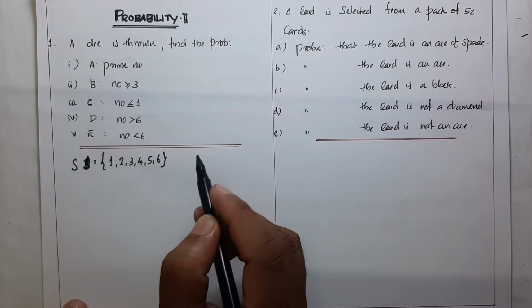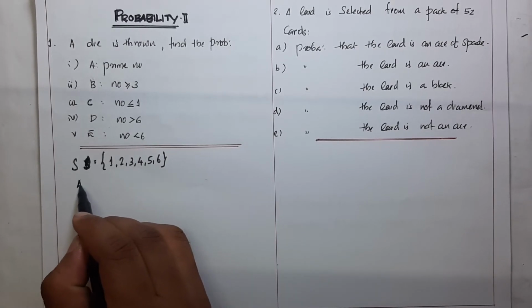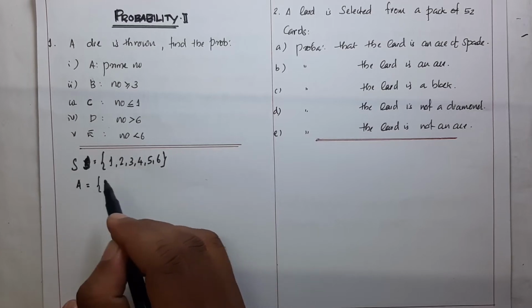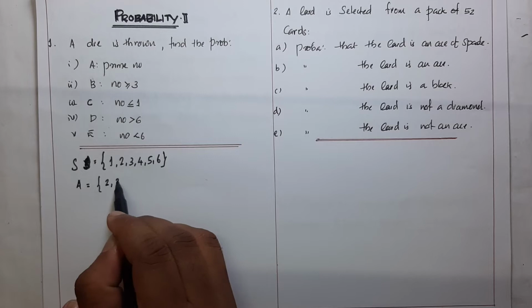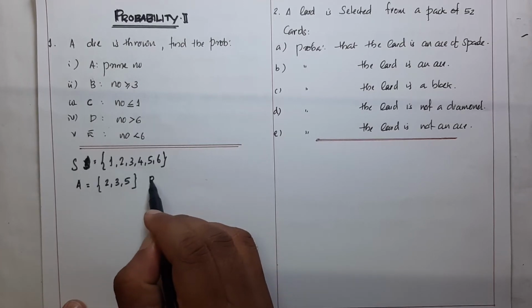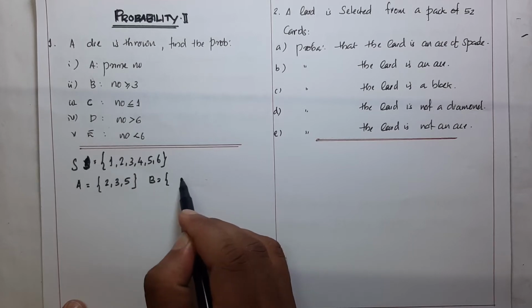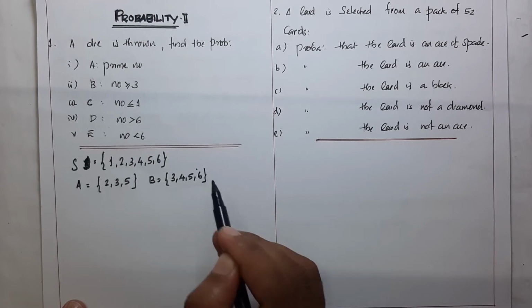Now the event A. The elements of the event A are the prime numbers 2, 3 and 5. Second, event B: number greater than or equal to 3, that is 3, 4, 5 and 6.